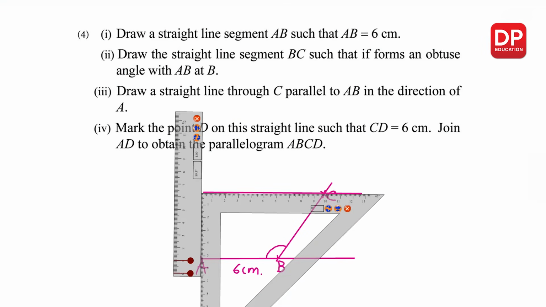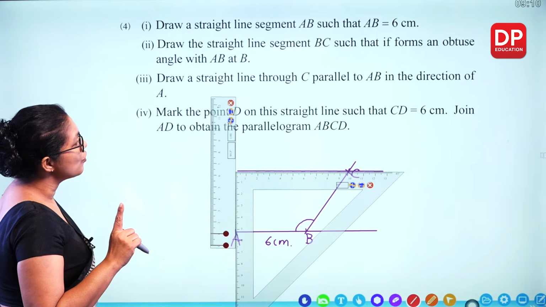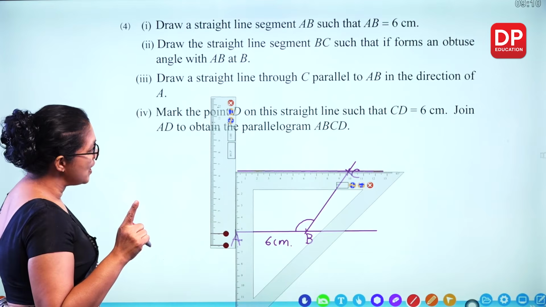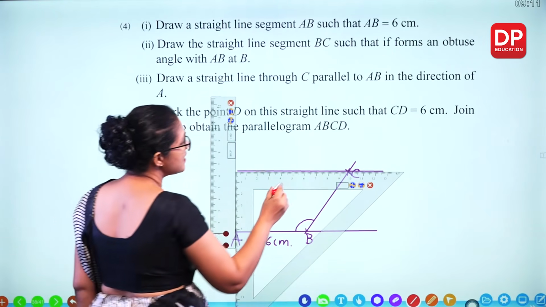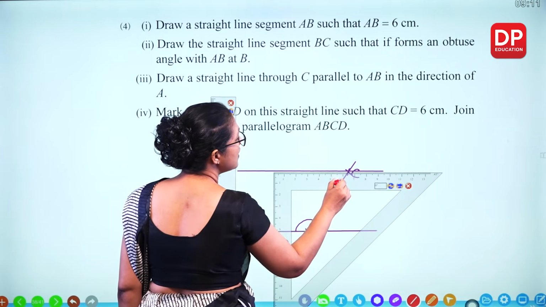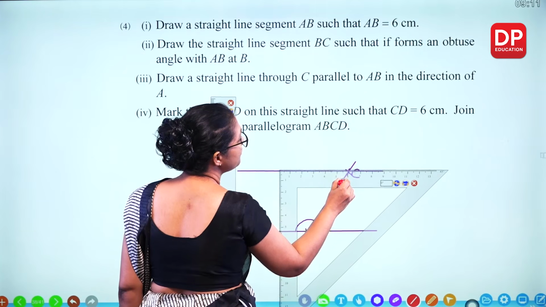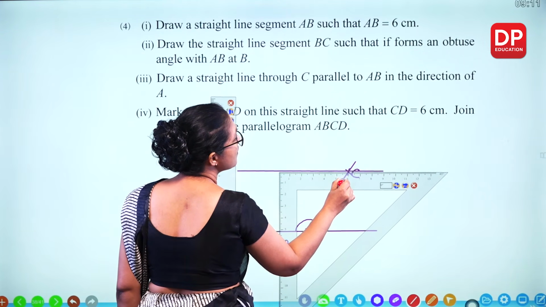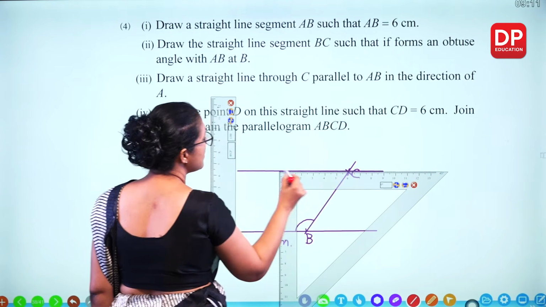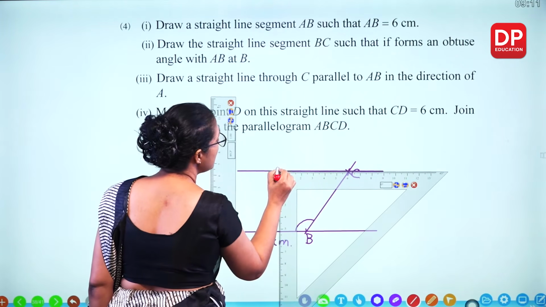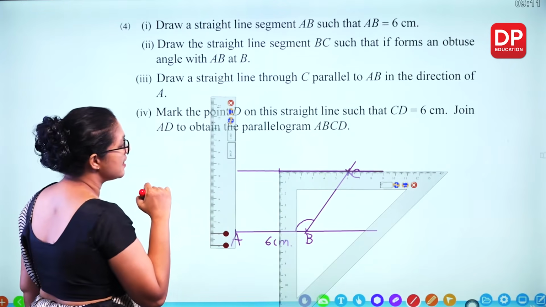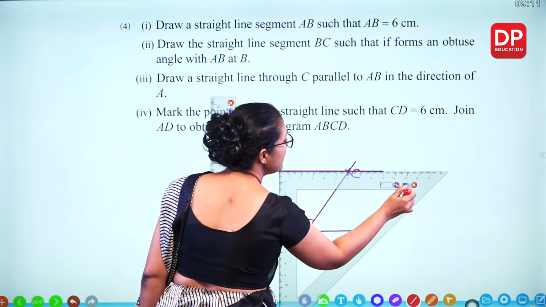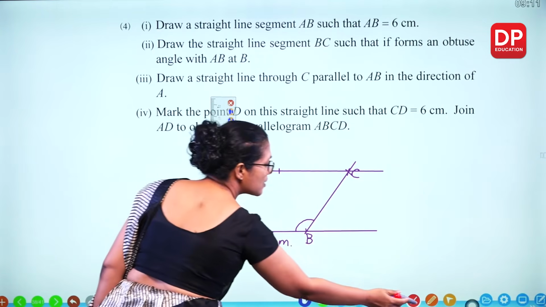Now we have to draw the parallelogram. So that means CD also 6 centimeters. So we need to measure that. So we'll take 6 centimeters from the set square. So this is 6 centimeters. So you can mark the point here. That's D. Now we can connect those 2 points.